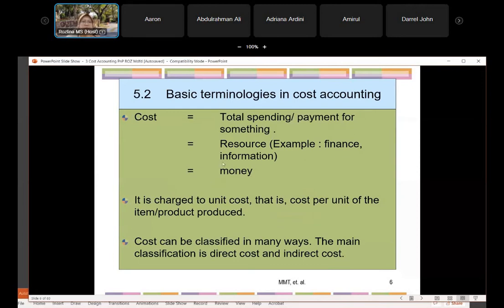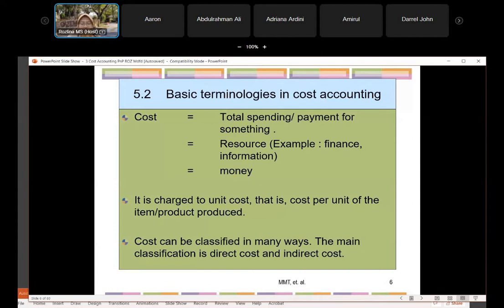Okay, basic terminologies. Cost. Cost is about total spending and payment for something. It is also about the resource, finance and information, and it is also about money. Not only one.